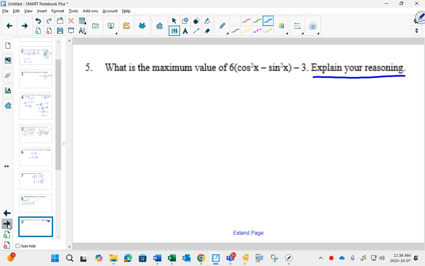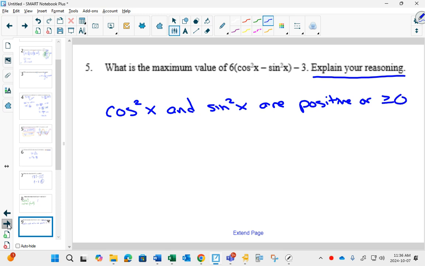Okay? Here are some of the things that we observe. Whenever you square something, it's going to be positive, unless it's 0, because 0 is neither positive nor negative. But it's going to be greater than or equal to 0 when you square it.